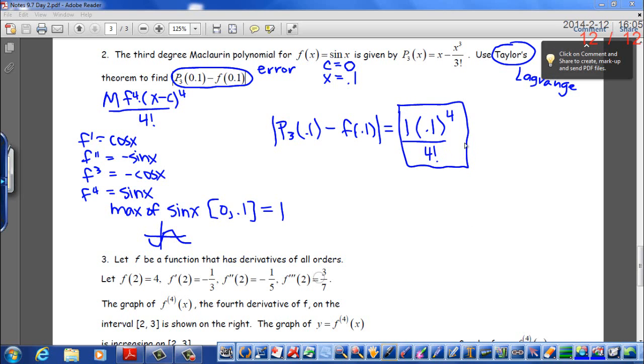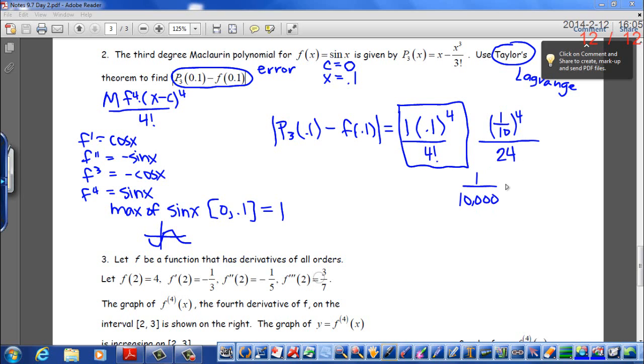Every once in a while they'll put a twist on it and make you simplify this just a little bit, but this is not that bad. 0.1 is the same thing as 1/10, and that's to the 4th power, and then divided by 4 factorial, and 4 factorial is 4 times 3 times 2 times 1, which is 24. All right. 1 over 10 to the 4th power would be 1 over 10,000.